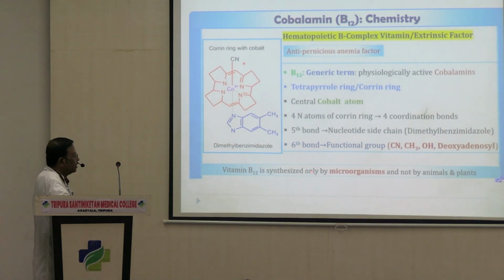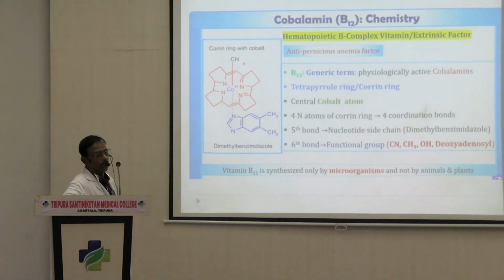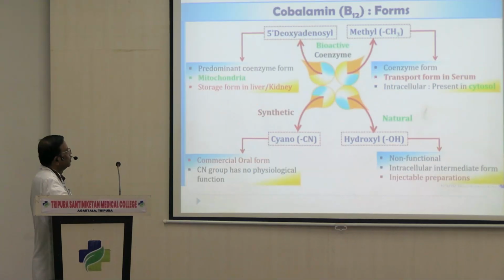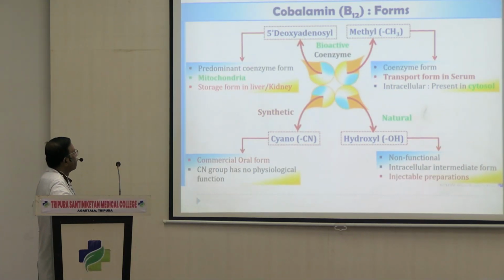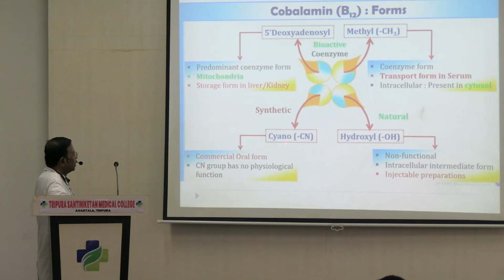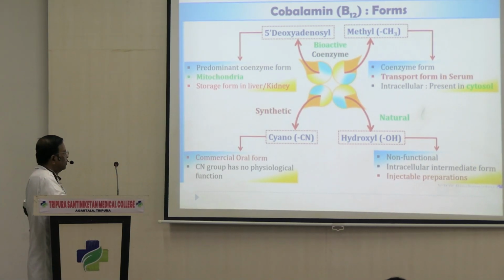Vitamin B12 is synthesized only by microorganisms and not by animals and plants. So the source is only of animal origin. These are the 4 forms of vitamin B12.